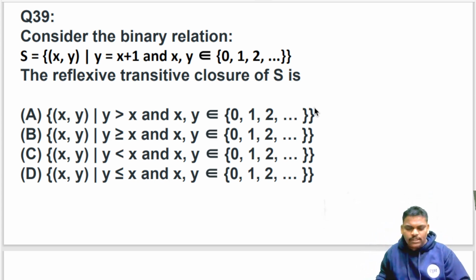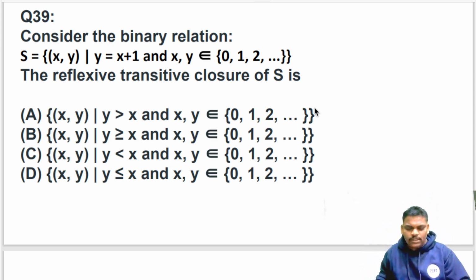To make it transitive, (0, 2) is required. For the reflexive closure, (0, 0), (1, 1), (2, 2) are required. Since you have written them combined, if anything is missing, please take care. I think everything is perfect. So I think this is the answer for this.